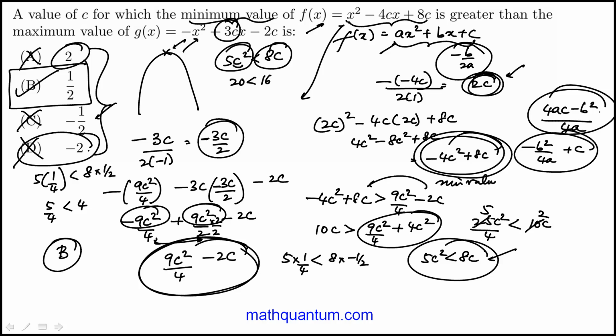So as I said earlier, you could use the formula for the y-coordinate of the vertex directly, which would mean applying that, here a is 1, c is 8c, b squared would be 16c squared over 4.